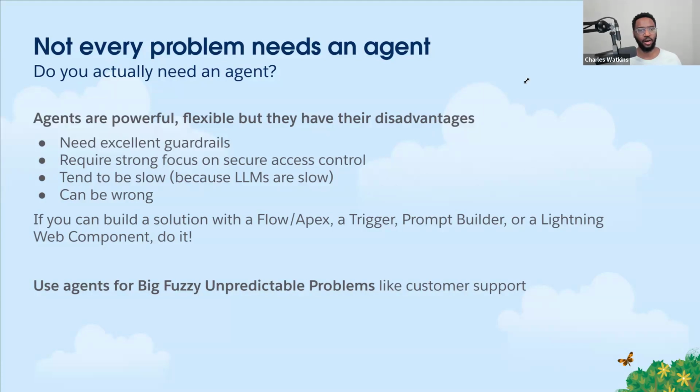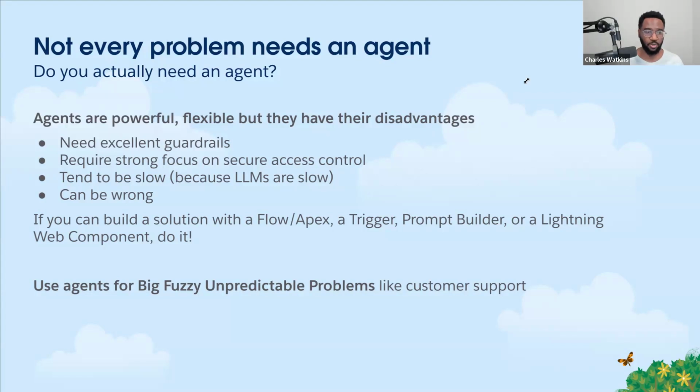Last one. And this is something that Mohit brought up earlier, talking about prompt engineering, talking about Apex and flows. Not every problem needs an agent. So when you're thinking about Agentforce, just to return back to some best practices, make sure that you actually need an agent and it's the right tool for the job. Agents are incredibly powerful, they're incredibly flexible, but they do have some disadvantages.